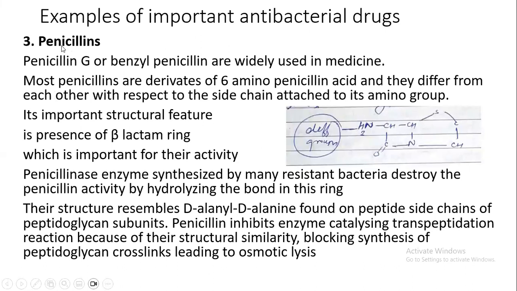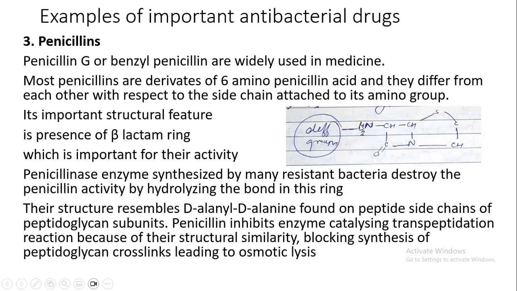The third example of antibacterial drug that we are going to learn are penicillins. Penicillin G or benzyl penicillin is widely used in medicine and most penicillins are derivatives of 6-aminopenicillanic acid, which differ from each other with respect to the side chain that is attached to the amino group.